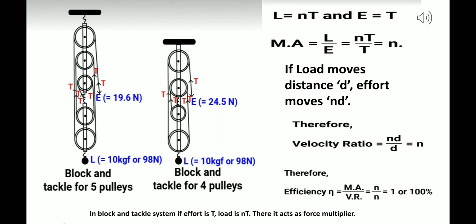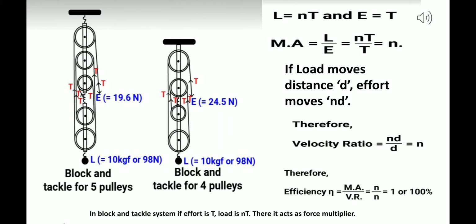So if the load moves a distance D, the effort moves ND, where N is the number of pulleys. Therefore, velocity ratio is equal to ND upon D, and that comes to N. Therefore, efficiency is equal to mechanical advantage upon velocity ratio, that is N by N, that is 1, or 100%.